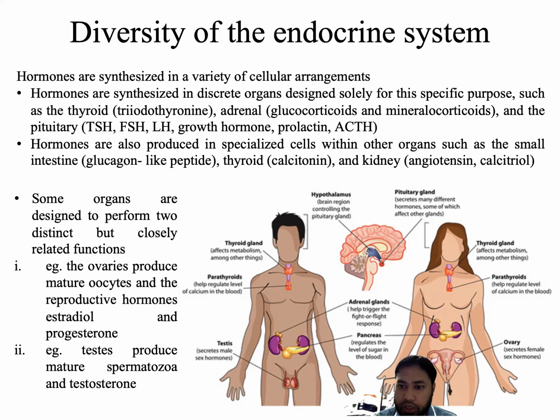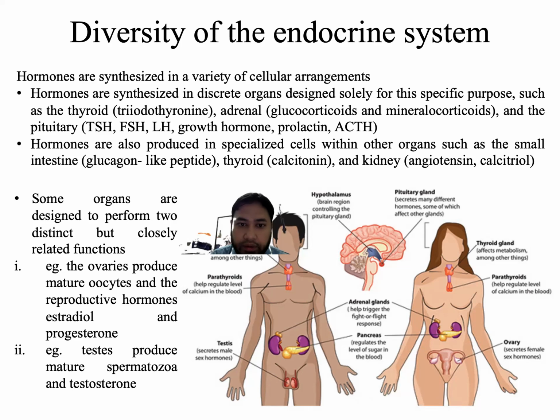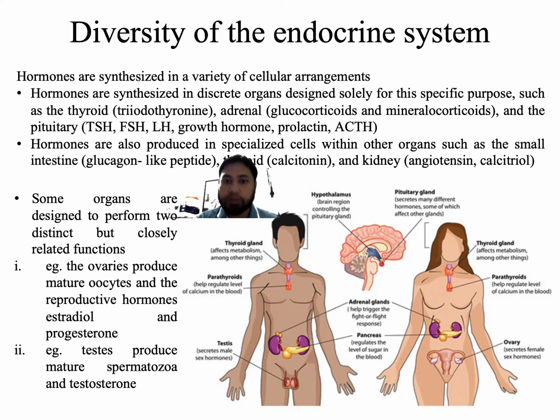In this picture, you can see there are similarities between male and female counterparts, where they have different types of hormones being released. But the difference is they produce different amounts of sex hormones because they are of different gender.